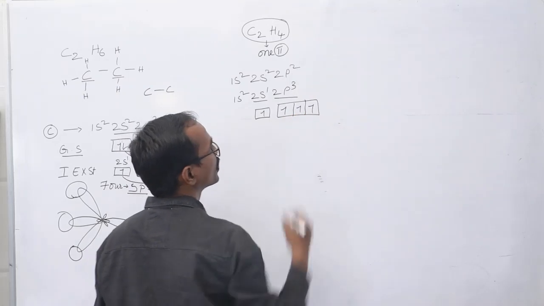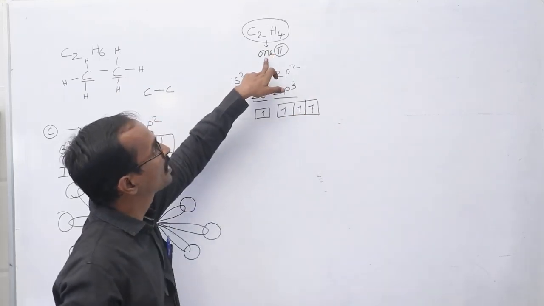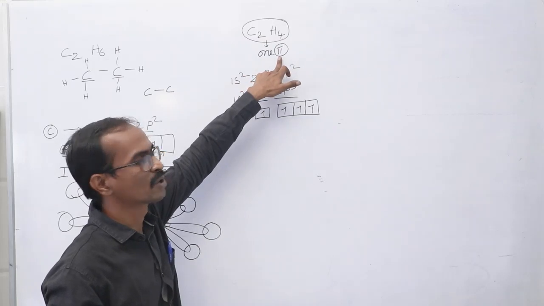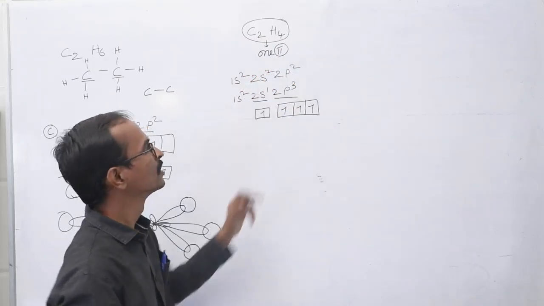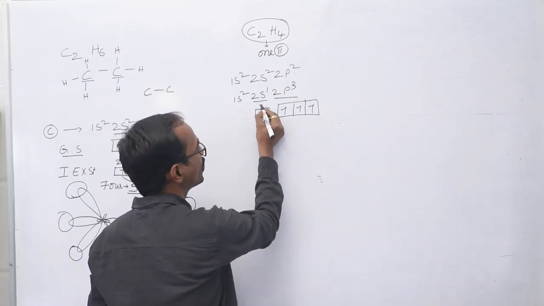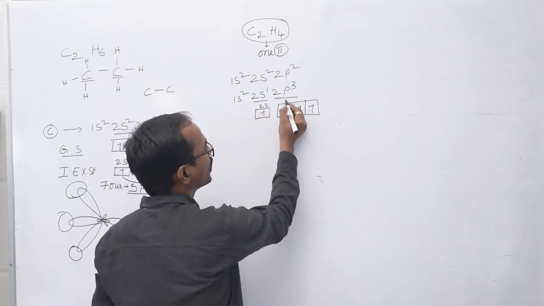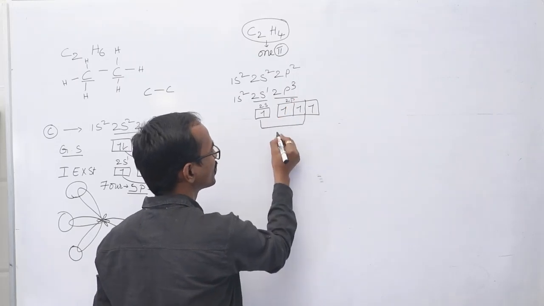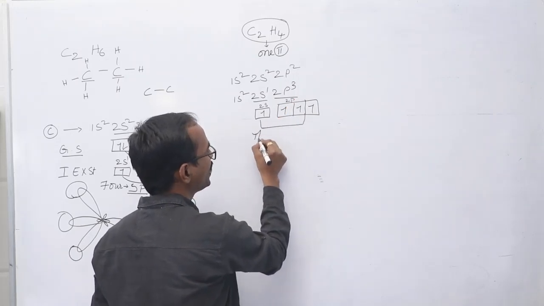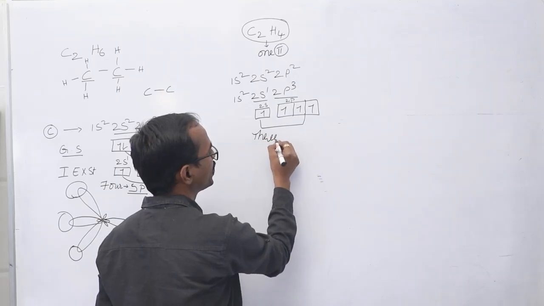Are you clear? Now, I told you the ethylene molecule has one pi bond, so it should have one unpaired electron in a pure p orbital. So what happens? One 2s orbital and two 2p orbitals intermix with one another to form 3 sp2 hybrid orbitals.